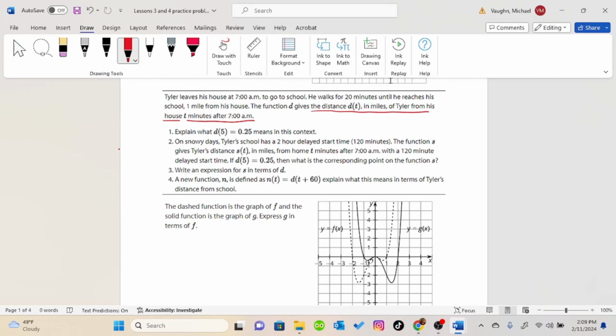So that means Tyler is 0.25 miles from home at 7:05 a.m.